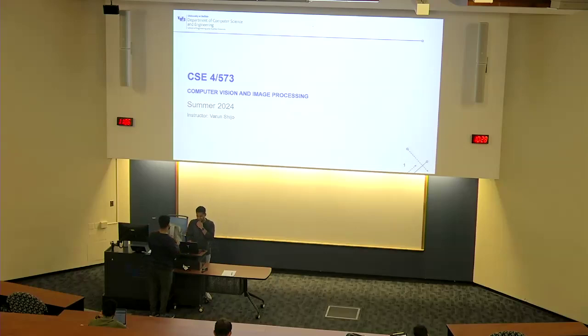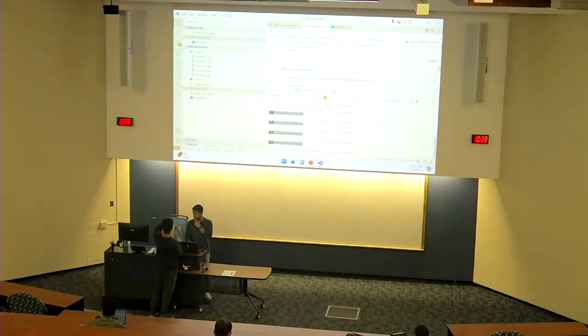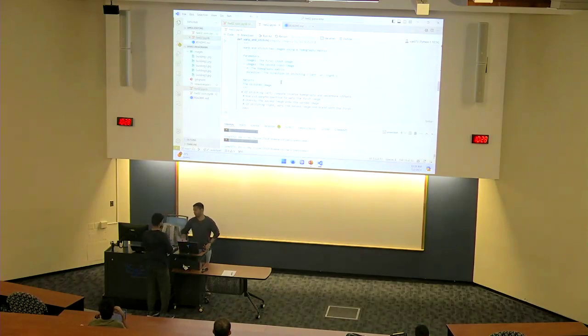In the template you gave us, those comments: if stitching left, compute inverse homography, and so on. It's like the instructions. Yeah, they're hints.